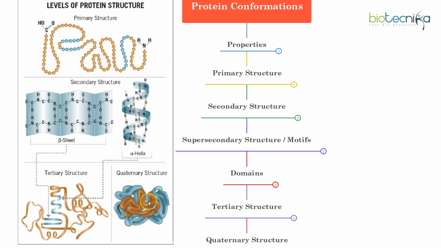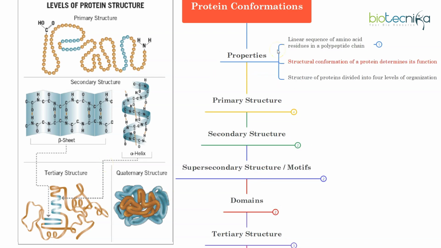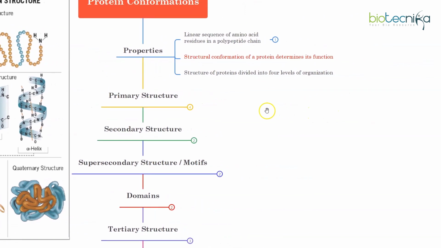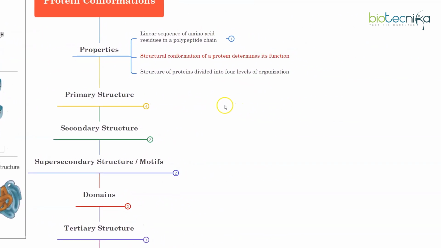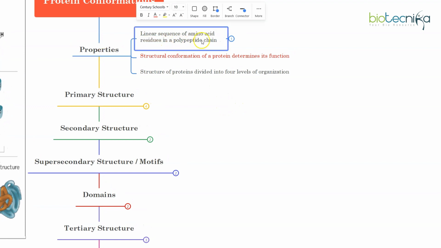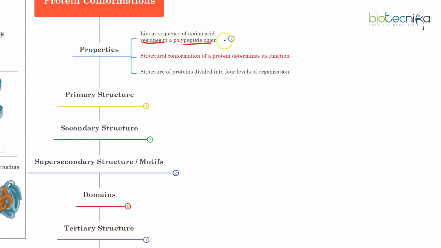Now let's jump on to the other properties. What are protein conformations? What are the properties? A polypeptide chain is a linear sequence of amino acid residues. Linear sequence means just the arrangement of amino acids one by one, as it is translated from the machinery.